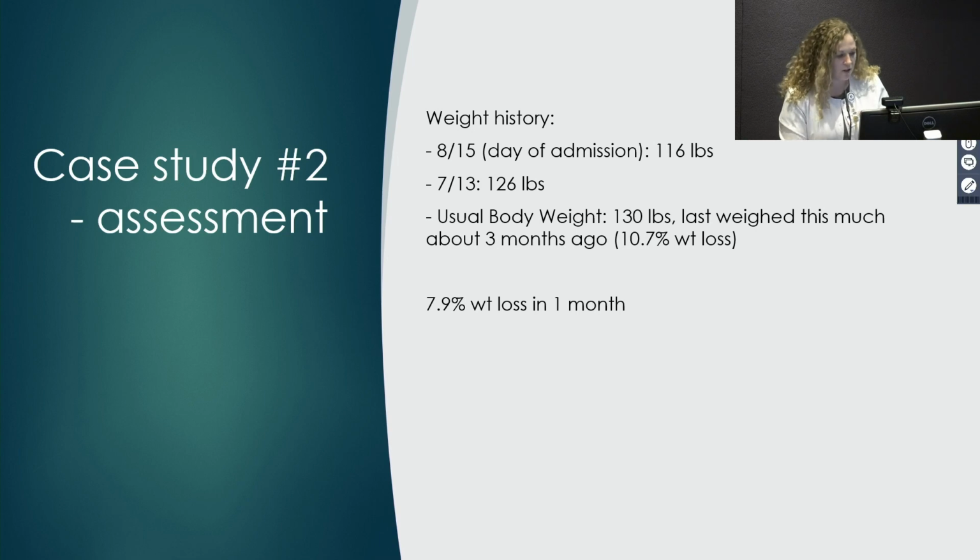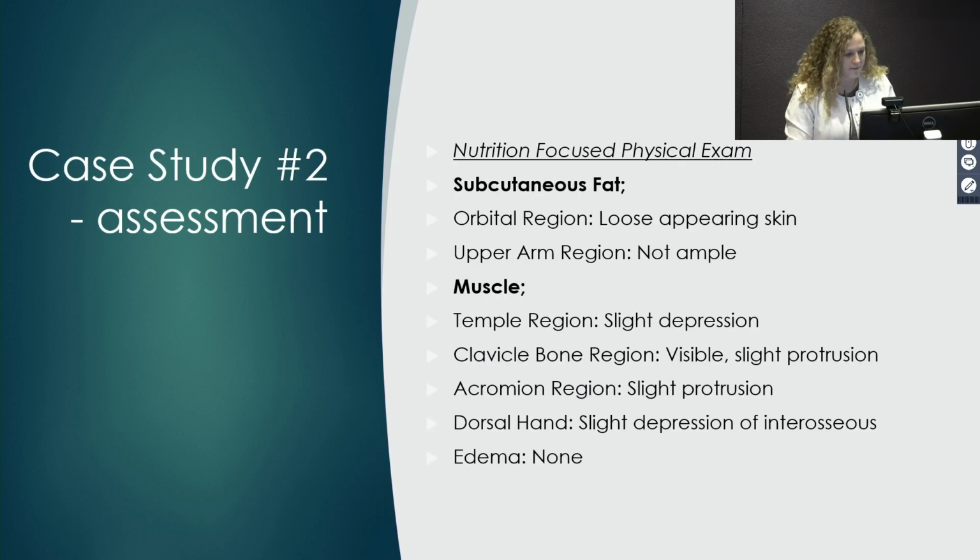After I talked to her, she tells me that a normal body weight for her is 130 pounds, and she thinks she last weighed that much about 3 months ago. So per the patient report, I often will calculate that as well if I don't have enough information in the electronic health record. That's still about 10% weight loss in 3 months, which is still significant for the malnutrition.